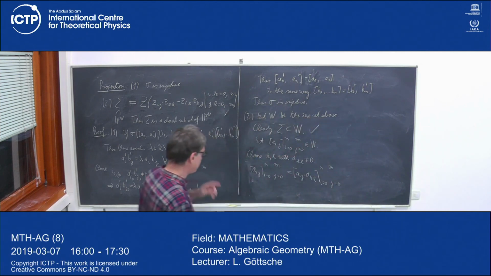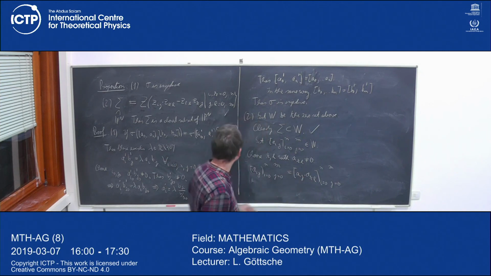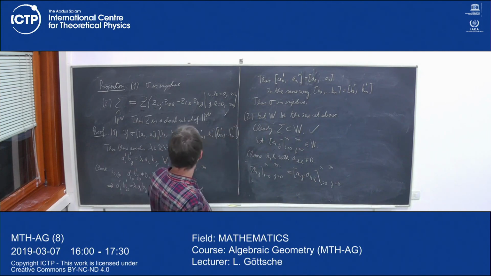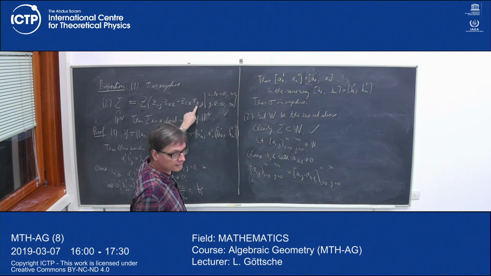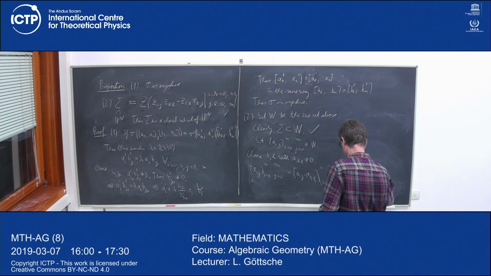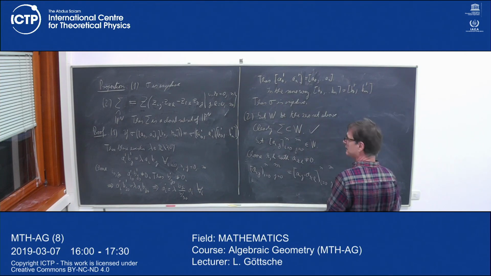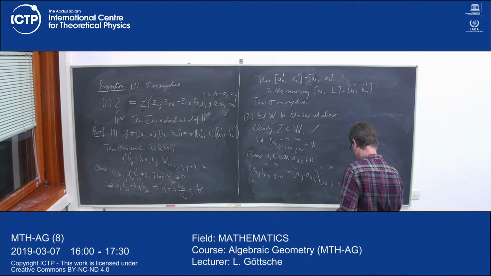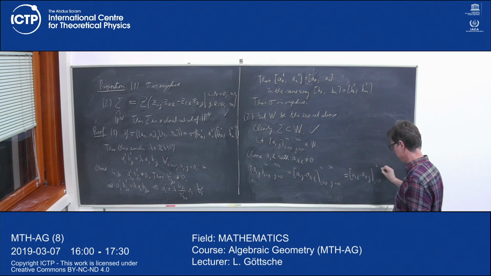But now we can apply the relation. A_ij times A_kl is the same as A_il times A_kj. So this is the same as A_il times A_kj, where still i goes from 0 to n and j goes from 0 to m.